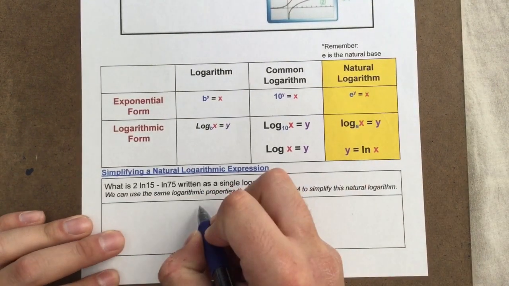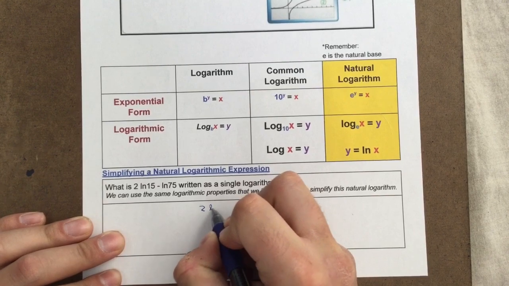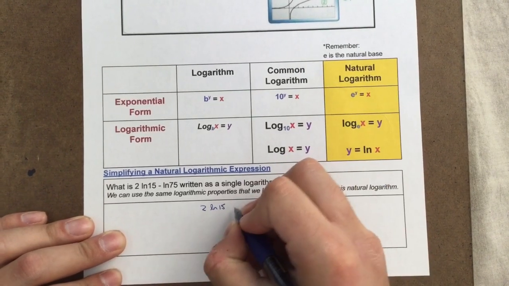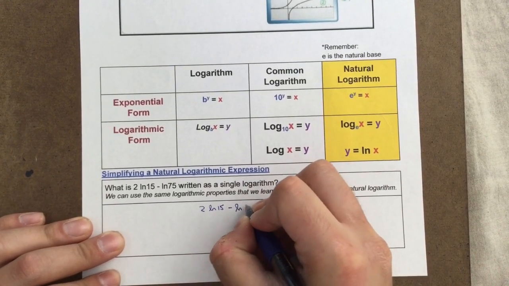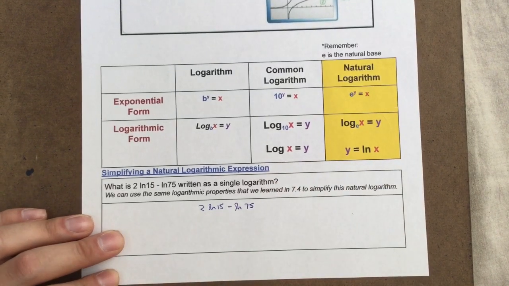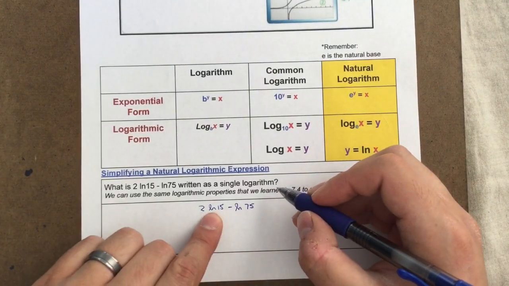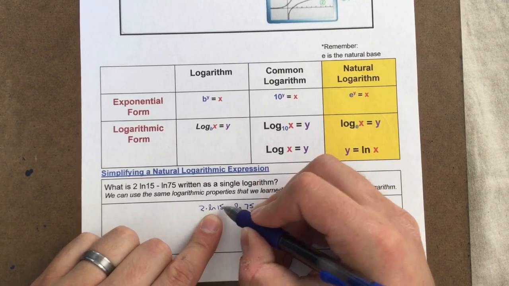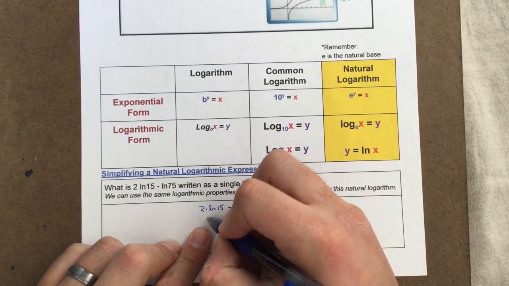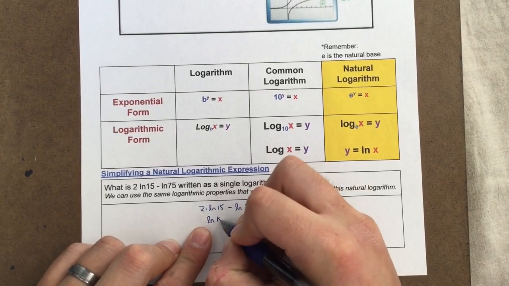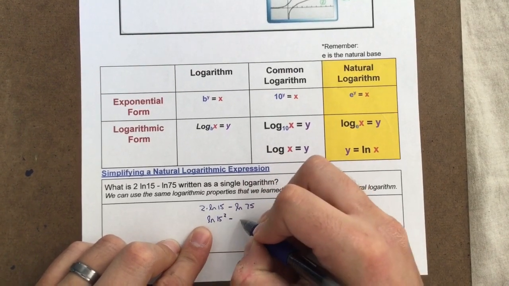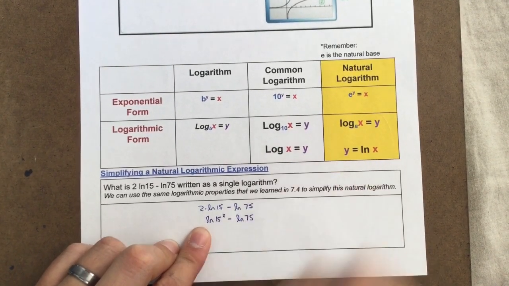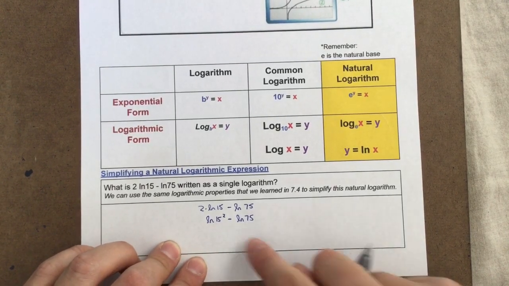I see here it says 2 times the natural log of 15 minus the natural log of 75. So I can use our power rule first to move this 2, so it'll become the natural log of 15 squared minus the natural log of 75.